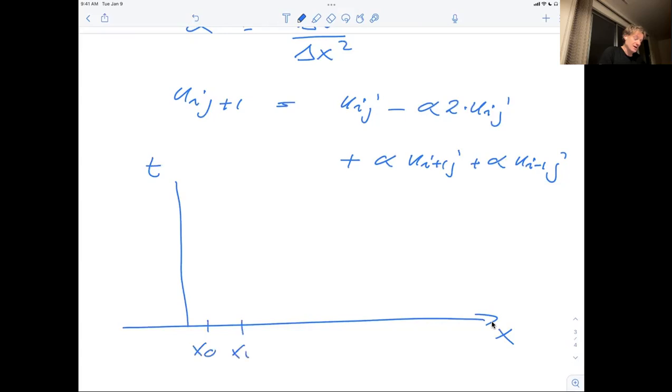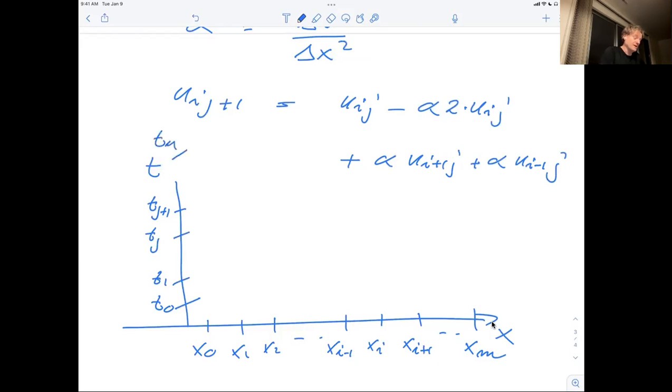So we have an x0, x1, and this moves on to an x of i minus 1, and then we have an x of i, an x of i plus 1, and this goes all the way up to x of n, the last x step. And then we would have a time t0, a time t1, and this goes up to a time t of j, and then we have a new time, which is t of j plus 1, and this just continues to the final time somewhere up here, which will be a t of n.